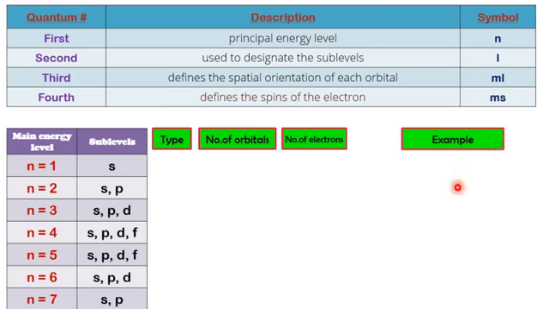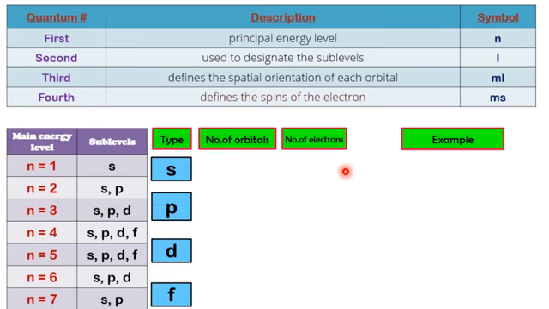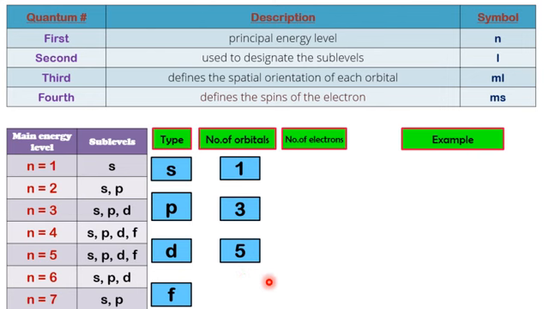There are four types of sublevels, which are the s, p, d, and f. So we have s sublevel, p sublevel, d sublevel, and f sublevel. In the s sublevel, there is only one orbital, while in p, there are three orbitals. In d, we have five orbitals, and in f, there are seven orbitals.